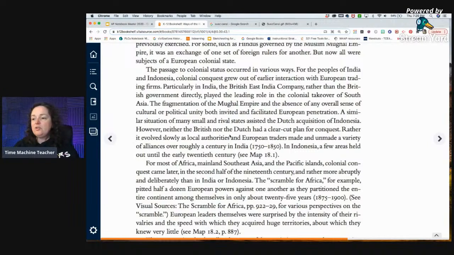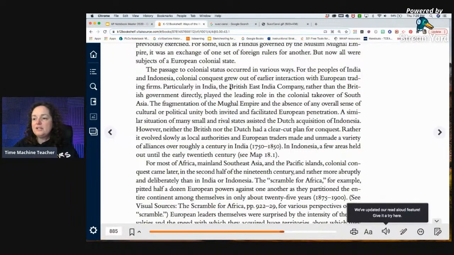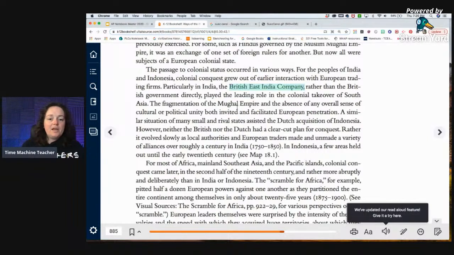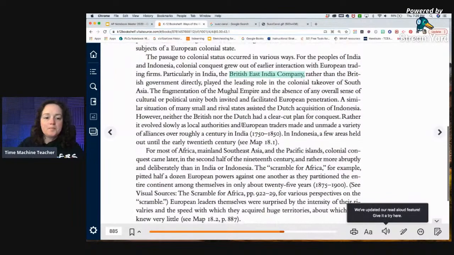So put down a note about the British East India Company, and then put India beside it. This would be how the British would control India, not directly, but through the British East India Company.